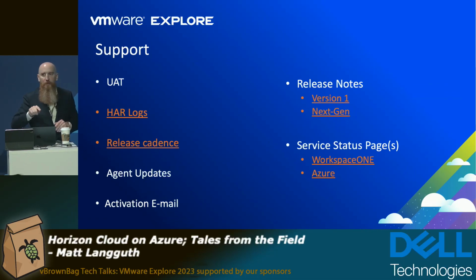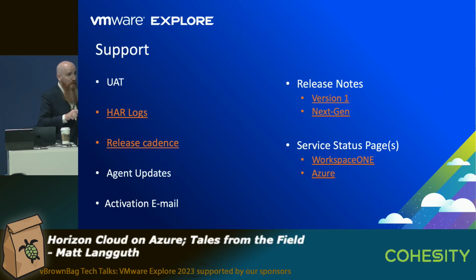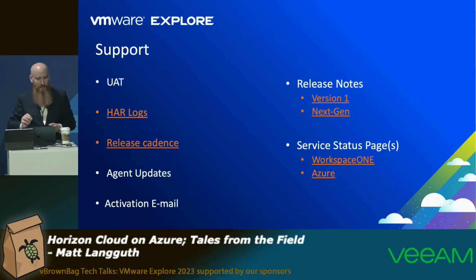This link here will take you to a knowledge base article that shows you, regardless of browser, how to capture those logs. If you include them with your support ticket to begin with, you're already ahead of the game. You're not in that back and forth with support. So capture the HAR logs if you see something that's in an error.